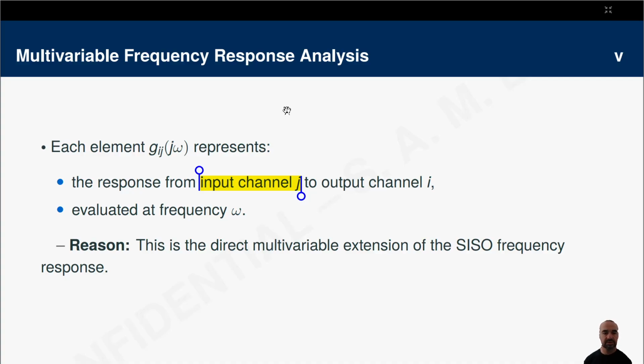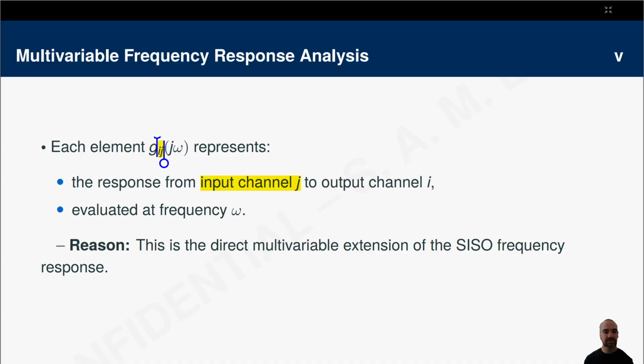We talked about this system of notation: the index i represents the output channel, but the index j represents the input channel. This is the direct multivariable extension of the ISO frequency response.